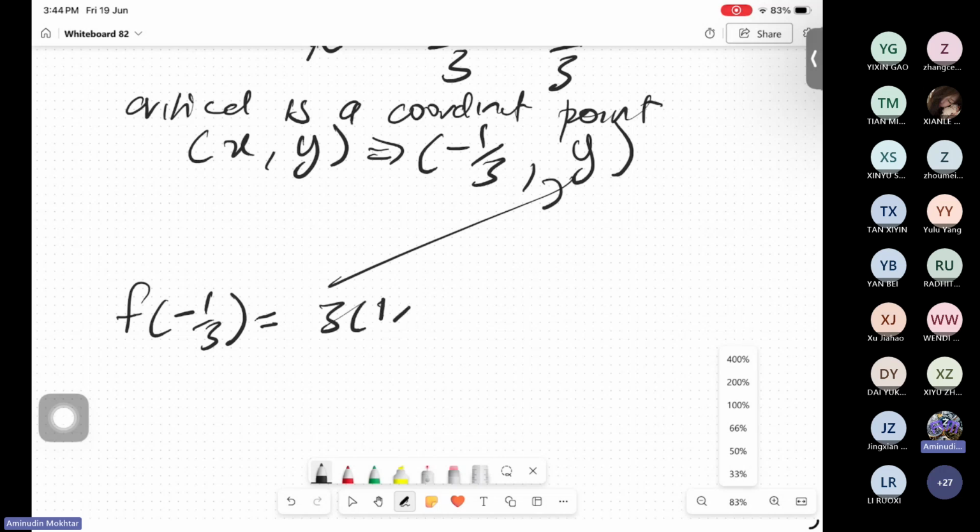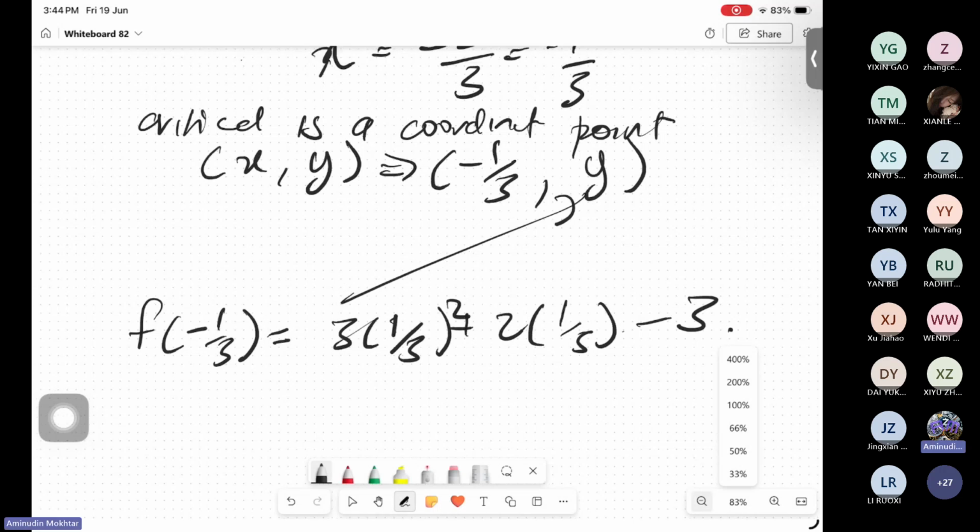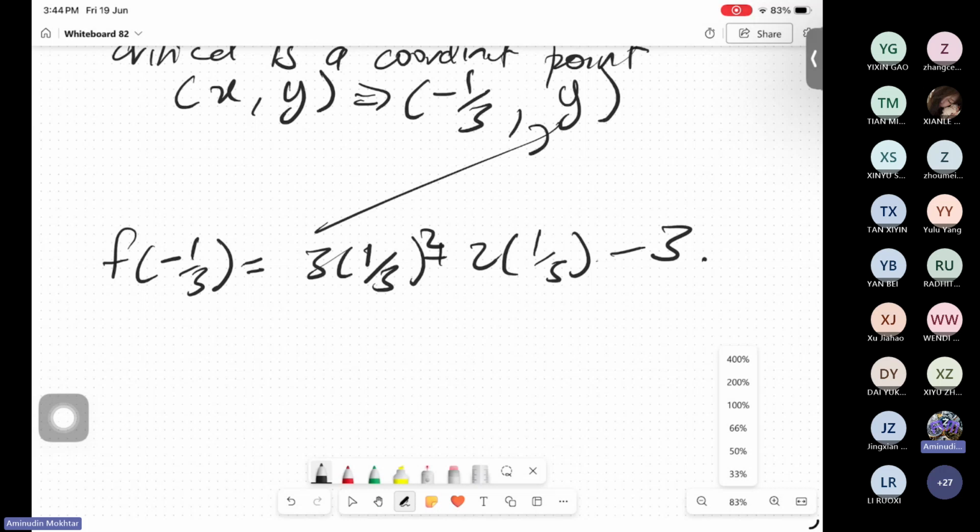3 times (1 over 3) to the power of 2, plus 2 times 1 over 3, minus 3. We just substitute this critical point in the equation. We find that at this critical point, the value of y, f of negative 1 over 3, is negative 10 over 3.